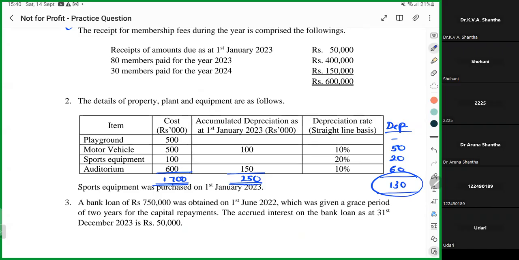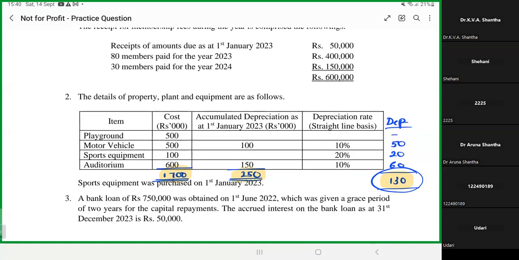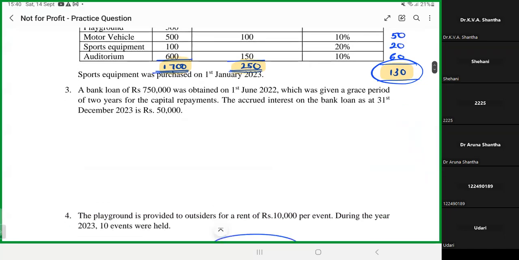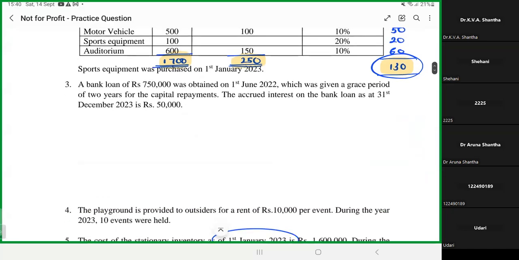Then how much carrying value at the end? 1,700 minus 250 minus 130. How much? Carrying value 1,320.